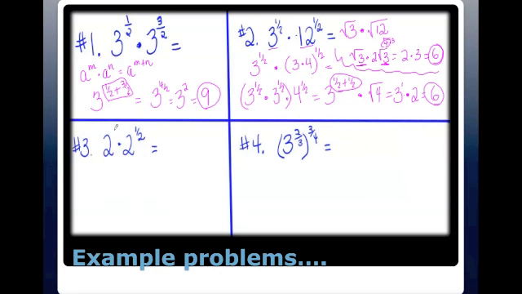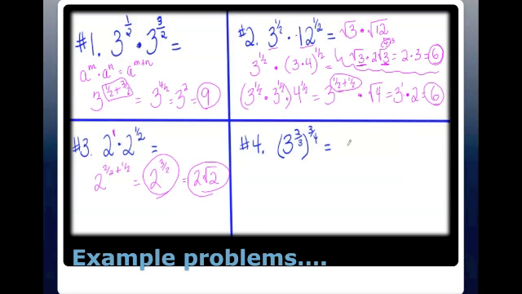Okay, for number 3, I know this is really 2 to the first power, so I'm going to rewrite that as 2 over 2, so I can add the powers, and I get 2 to the 3/2. Another way of writing that would be 2 square root 2, either answer.